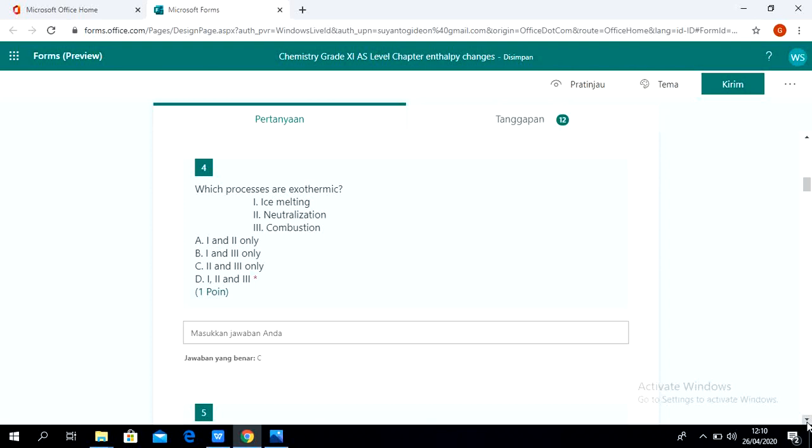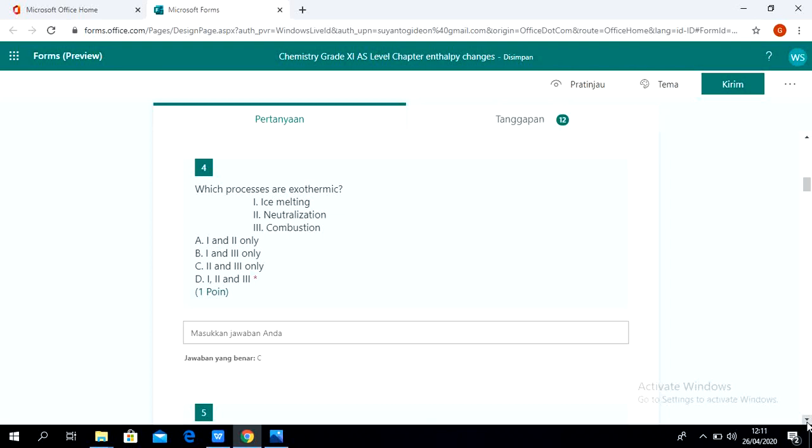Ice melting is from solid to liquid. So solid has lower energy than liquid particles. So from solid to liquid, energy must be given in, and it is considered to be endothermic.